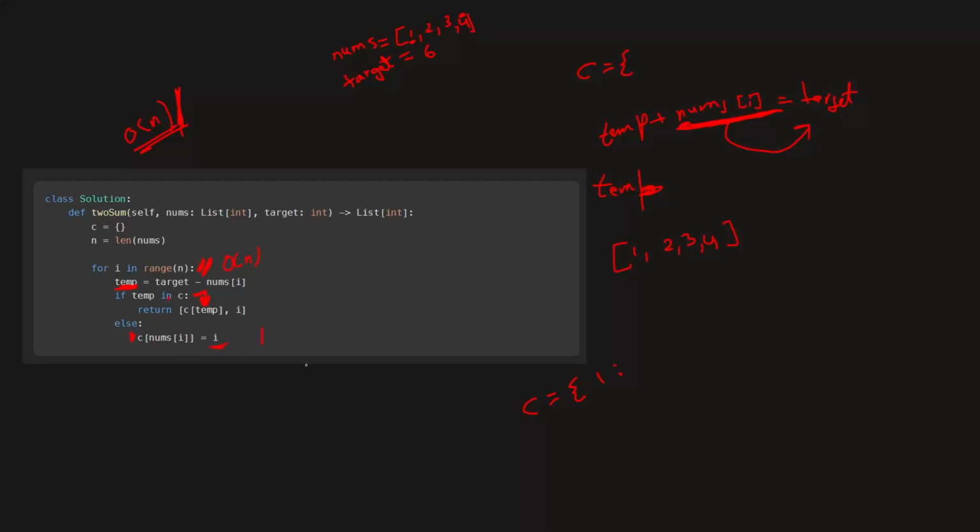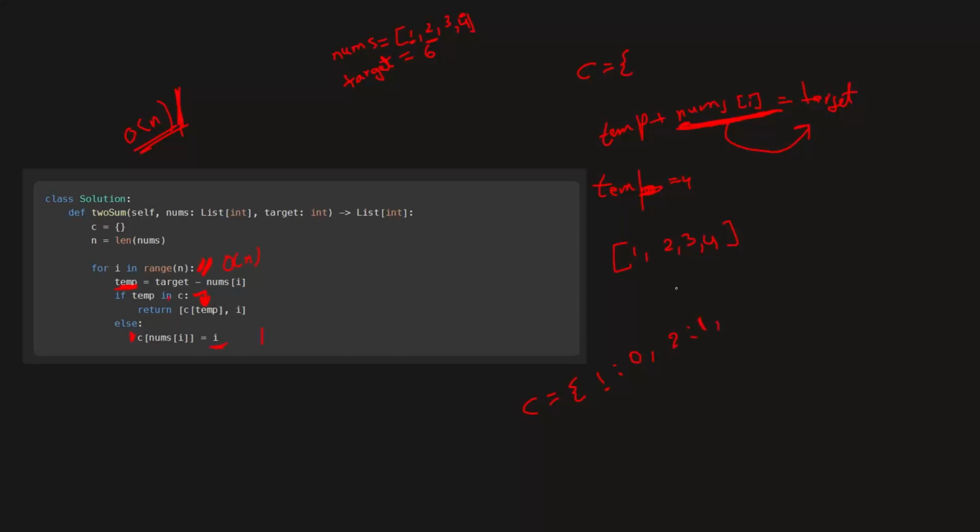So nums[i] is the key and i is the value, which is the index, 0. Next we move on to 2. Target is 6 and nums[i] is 2, so temp will be 4. Since 4 is not anywhere in our dictionary, we go into the else part, and 2 will be added with its index as 1.